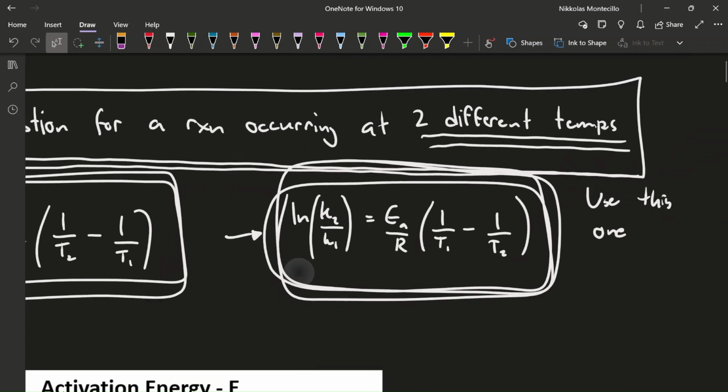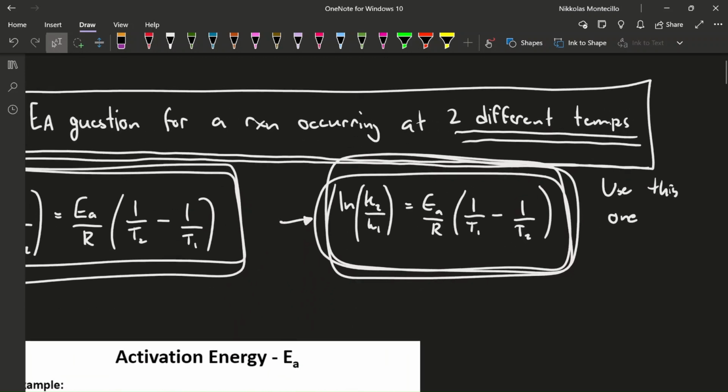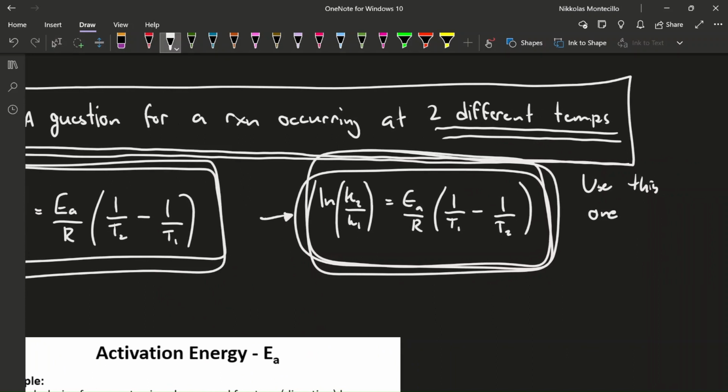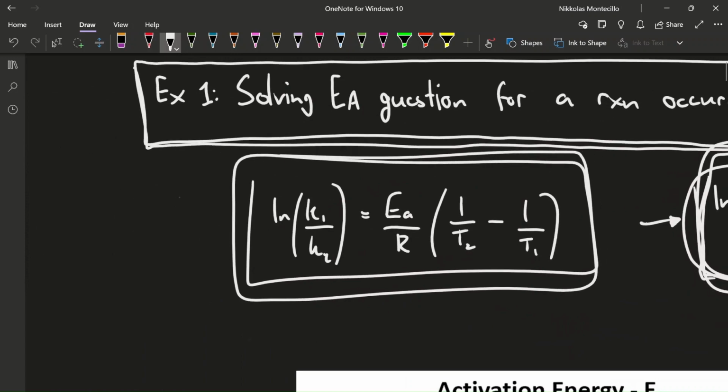It's different this time, which is equivalent to Ea over R times the inverse of temperature 1 minus the inverse of temperature T2, right? Generally speaking, I prefer to use this one, as I've experienced less calculation errors when I use this formula. So this is just a suggestion, but by all means, if you want to use the other one instead, go for it.